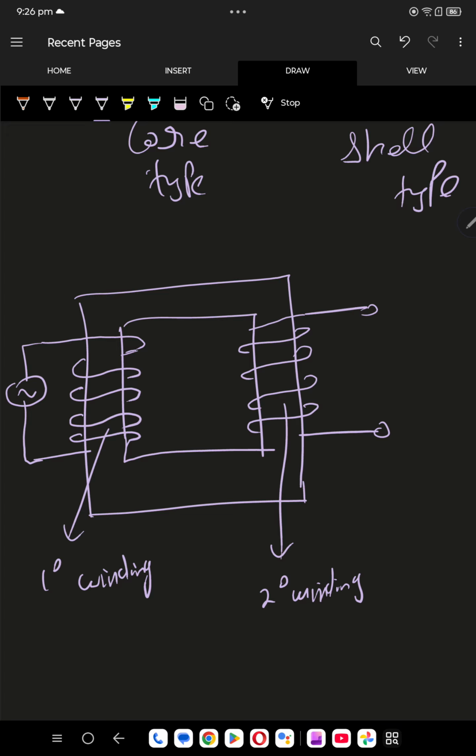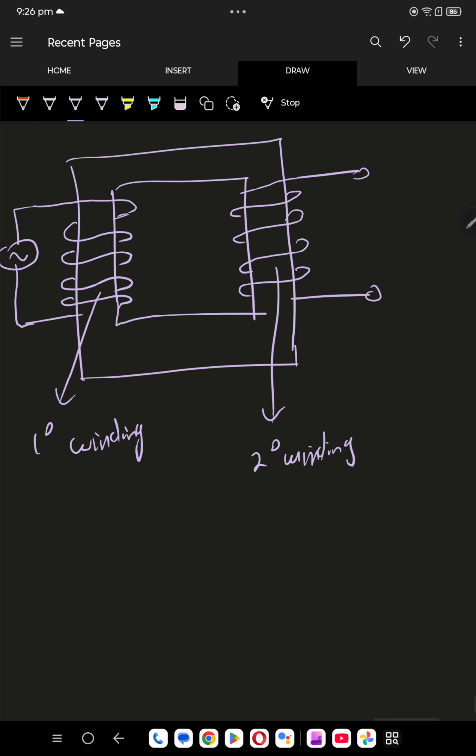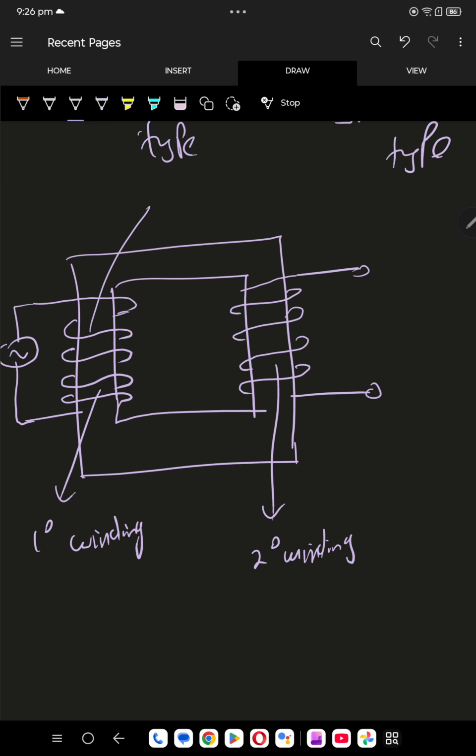Here the windings are done on the side limbs. These are called the side limbs. These are the side limbs.